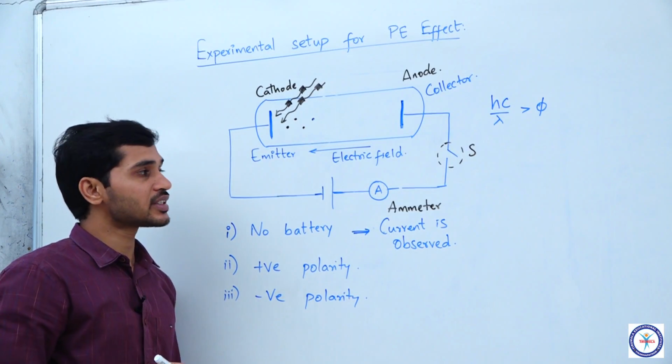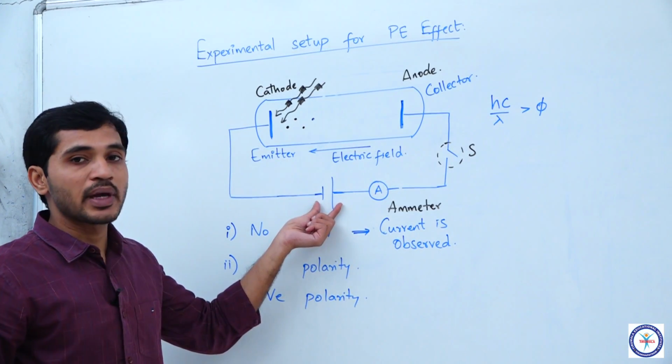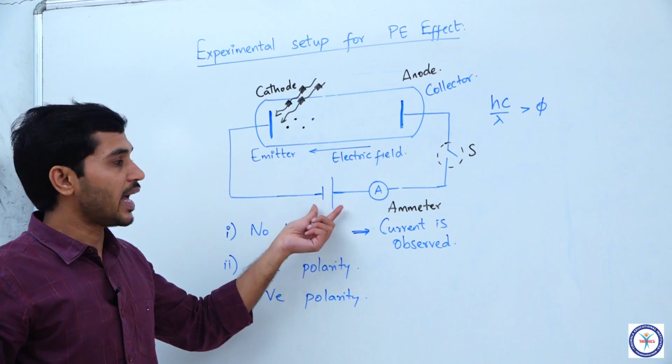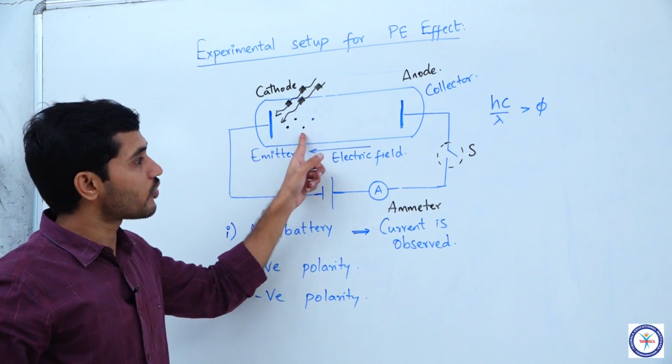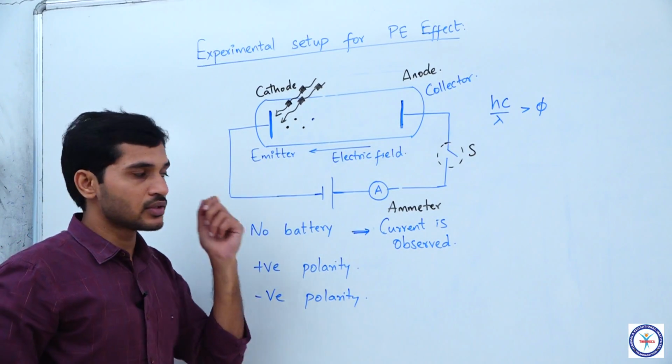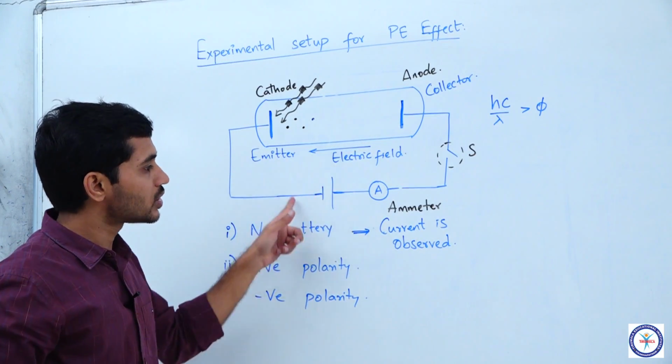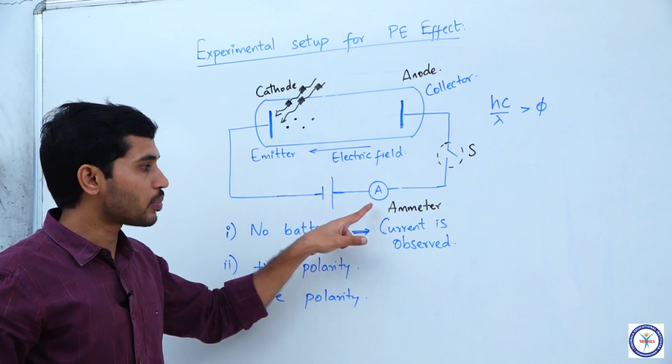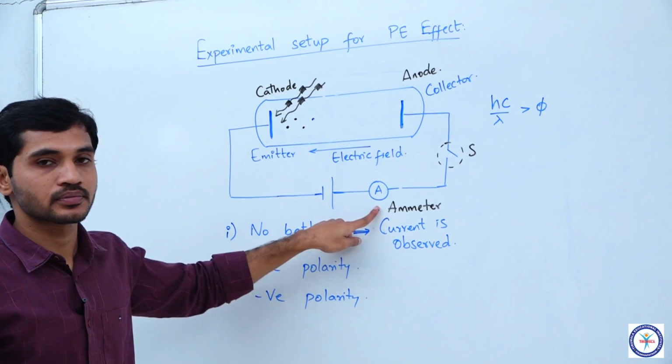It basically means that connecting a battery in this manner with this polarity actually helps the flow of electrons from this end to this end. So, now you can easily guess. Because of connecting a battery with this polarity, what would happen to the current in the ammeter?